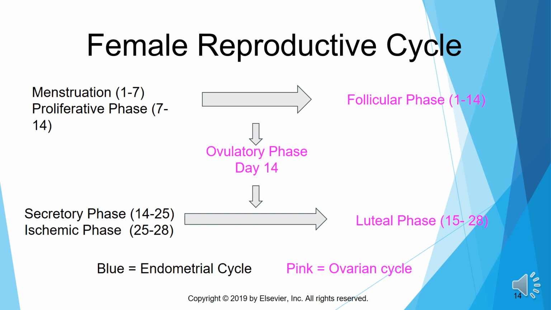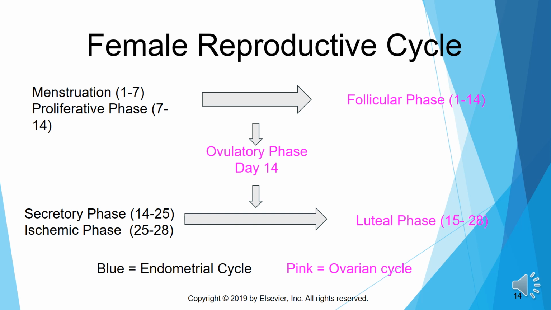So we will start, and this is a nice visual, I said, to bring the two cycles together. It's going to make more sense as you hear the different characteristics of each phase, and then there's an image after as well that hopefully will help pull it together.